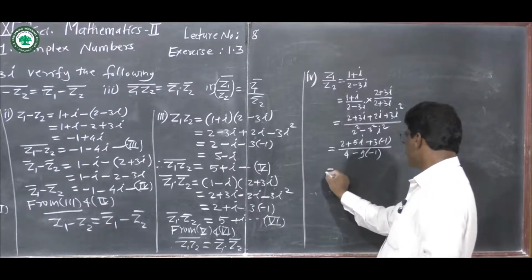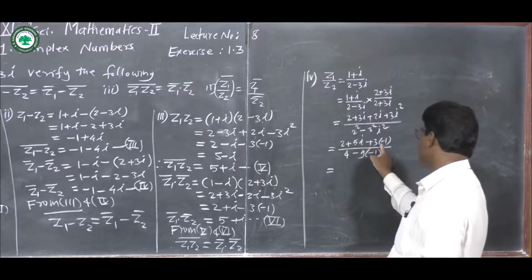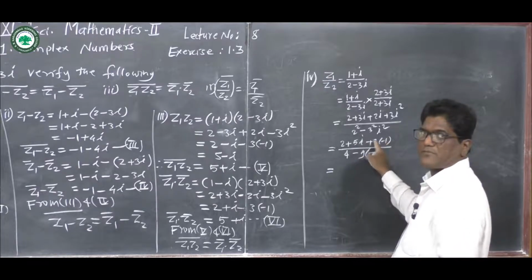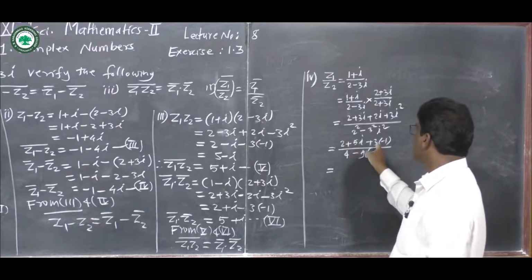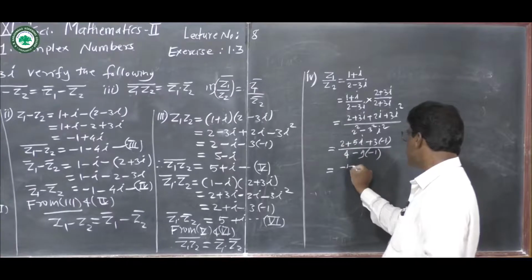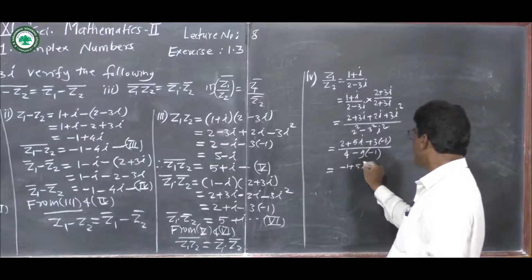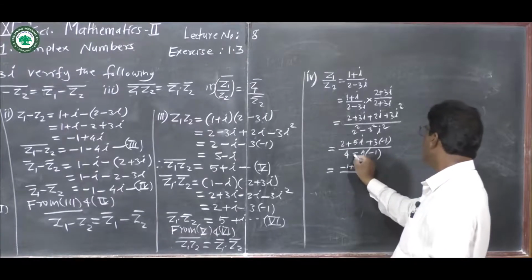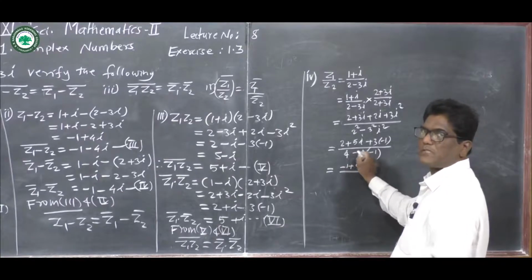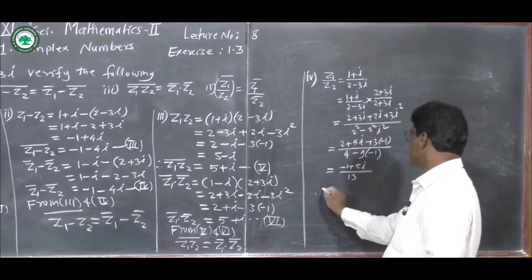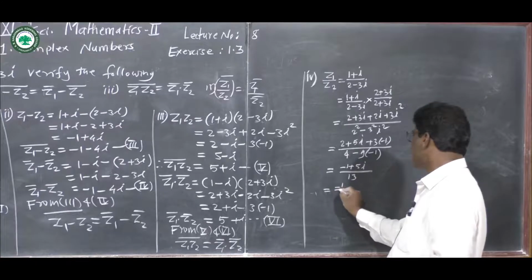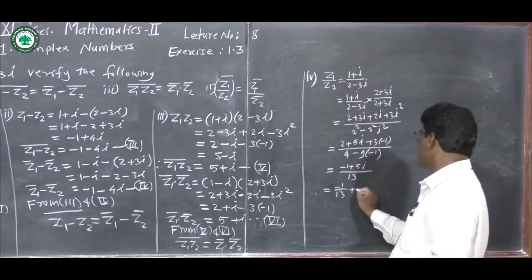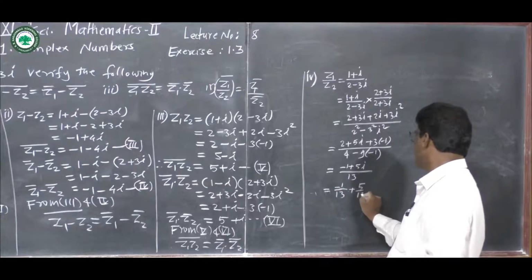Now it is equal to 2 and minus 3. Here plus 3 into minus 1 means minus 3. 2 minus 3 is minus 1. So minus 1 plus 5i divided by 4 plus 9, that is 13. So it is equal to minus 1 upon 13 plus 5 upon 13 into i.